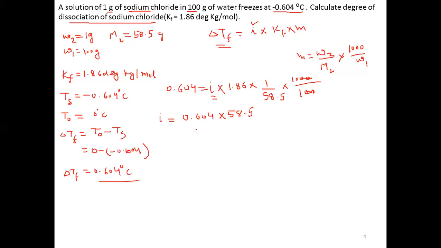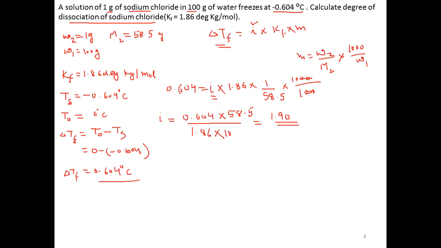We will take this to this side, divided by, this will come in the denominator, 1.86 into 10. So this is the value of iota. Let us see how much it comes out to be. 0.604 multiplied by 58.5 divided by 18.6. So it is 1.899, or simply we can say 1.90.